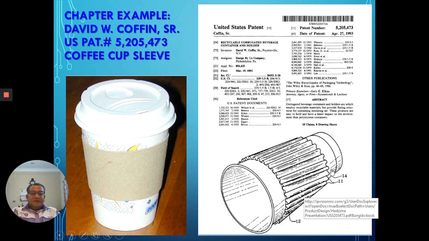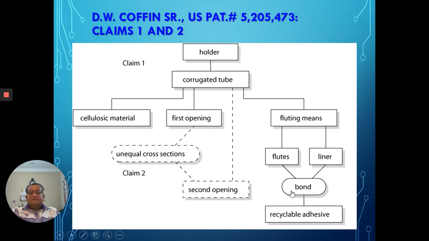So for specific parts of the corrugated, it is numbered 100, and it is later explained what 100 is, what 11 is, what 12 is, the measurement and so on. So the corrugated tube uses cellulosic material, cellulose. It is partly a starch material, and there is a first layer, unequal cross-section plane, second opening, and there is a fluting means, fluid liner, bond.